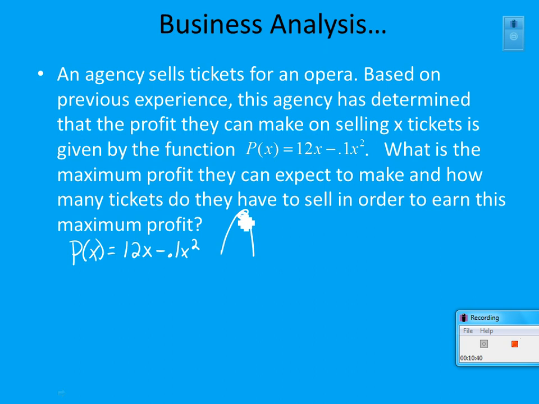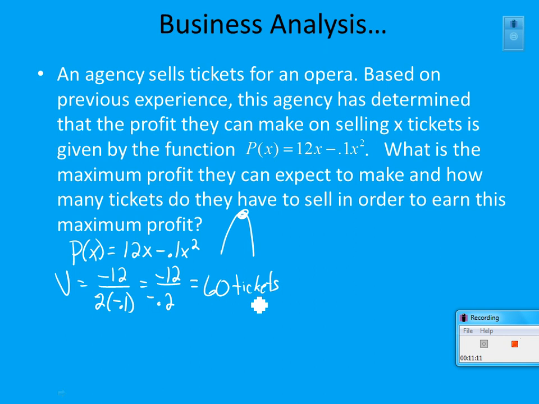To get the x-coordinate of that maximum, I'm going to go the opposite of b, which will be negative 12, over 2 times negative 0.1. So I really have negative 12 over negative 0.2. So if you run that through your brain or your calculator, you're going to get that they need to sell 60 tickets to maximize their profit.